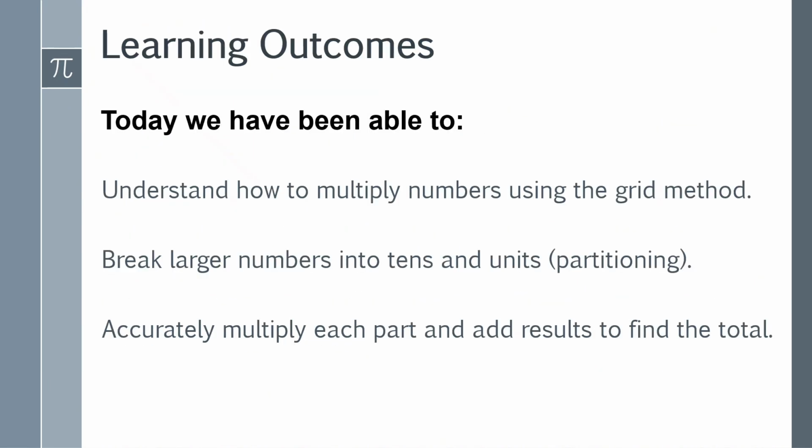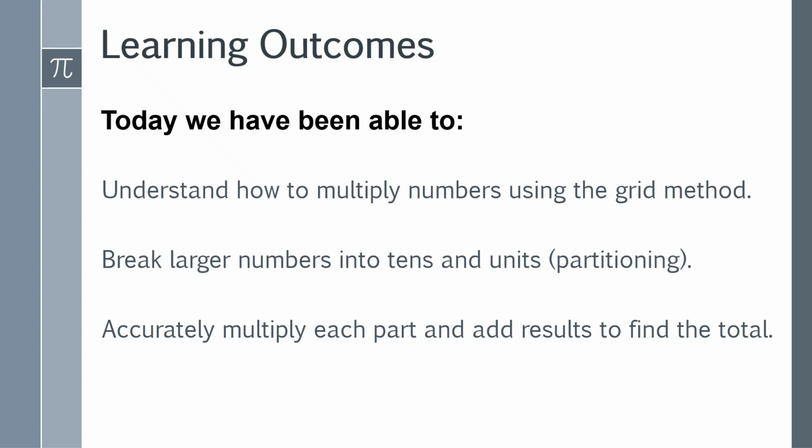So today we have successfully learned how to multiply numbers using the grid method. We've been able to practice partitioning numbers into tens and units. Also, we've been able to multiply each section correctly and combine the answers to find the final product.